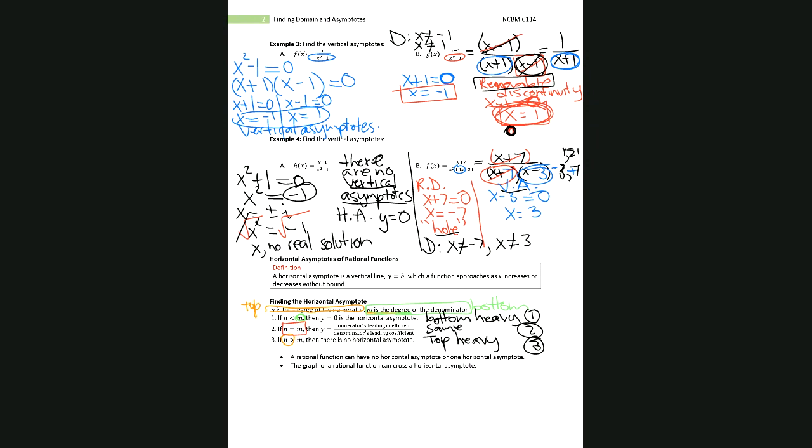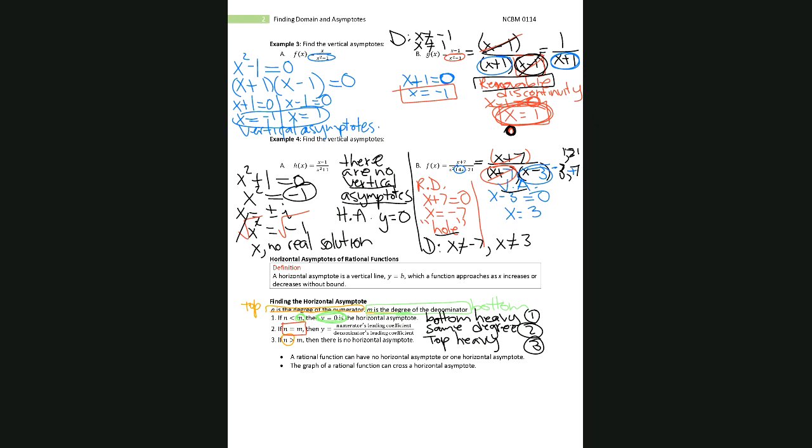So based on that, we're going to have 3 ways to find the horizontal asymptote if it does exist. So whenever we have something that is bottom heavy, by default, the horizontal asymptote will be the line y equals 0. Whenever we have a function that is top heavy, by default, there is no horizontal asymptote.